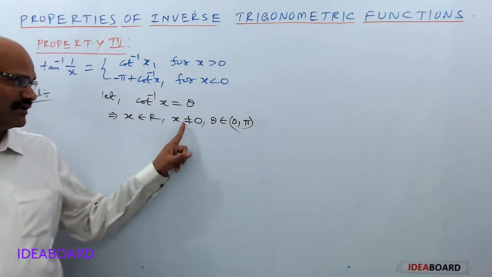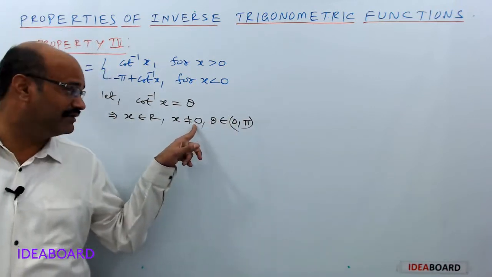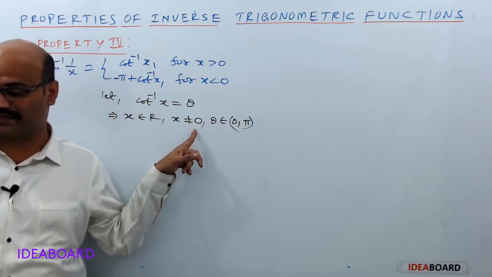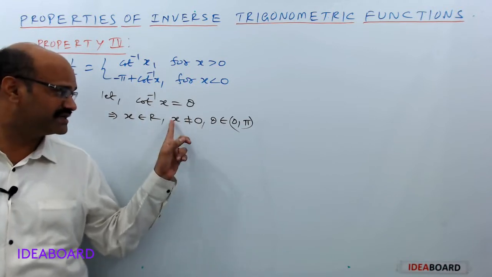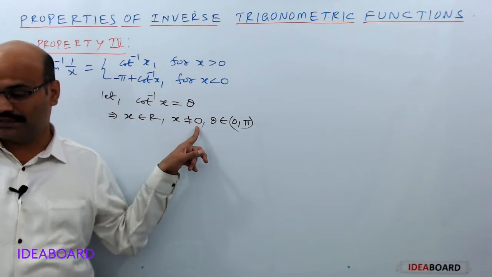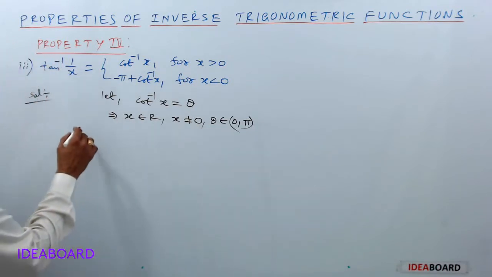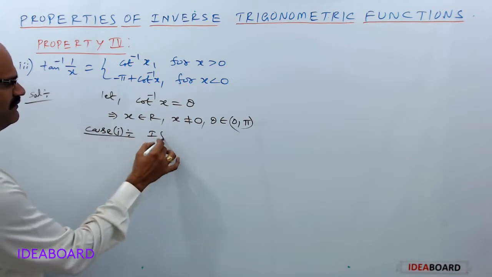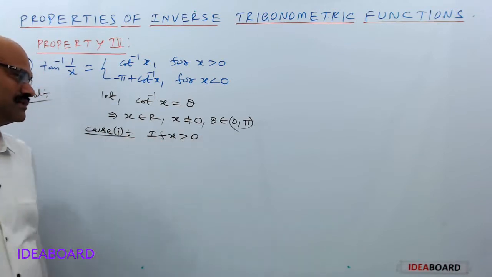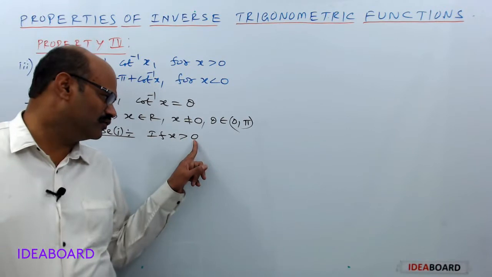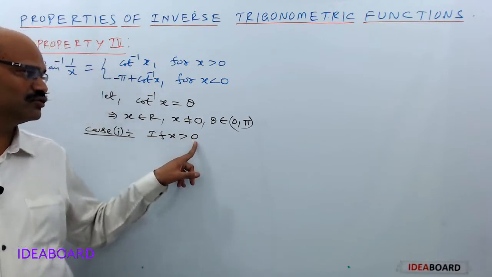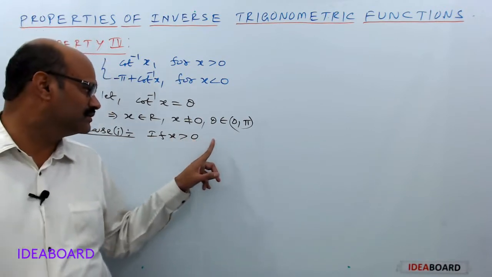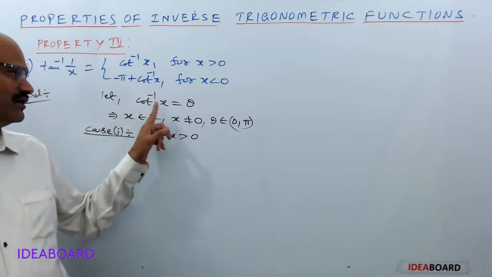Now here when x not equal to 0, we will have two cases. One is x greater than 0 and one more is x less than 0. Case 1: if x greater than 0, theta belongs to 0 to pi by 2. Here x equals cot theta.